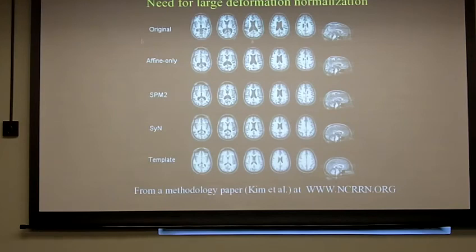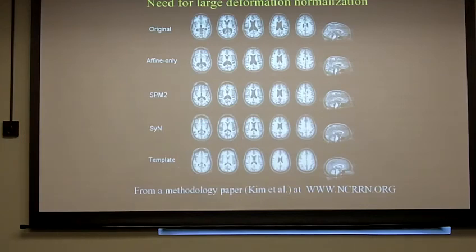So this is the original brain with severe atrophy. This is affine-only normalization. The third row is SPM2, and the fourth row is one of the large deformation normalization algorithms called symmetric normalization, developed by Penn PICSL.